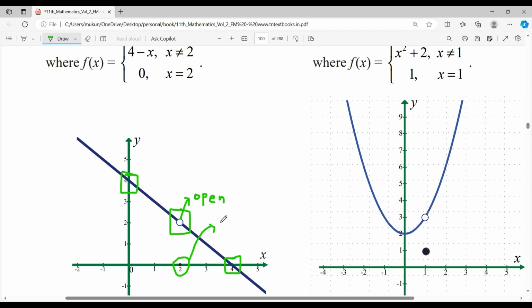And let me write this out here, which means that the function 4 minus x, x not equal to 2, and function f of x equals 0 when x equals 2 is represented in this graph using this open and closed circle at the point 2. And at all other points, it is a straight line, which is represented by the equation 4 minus x.